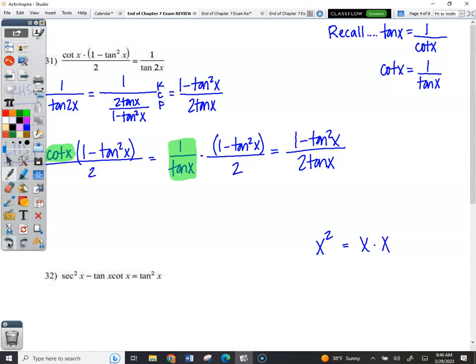It would be the equivalent of me writing it like this. I showed you that I changed cotan to 1 over tan. But because it's all within one fraction and this is multiplication and this is multiplication, you can show the fraction in the front and then just multiply it back in.